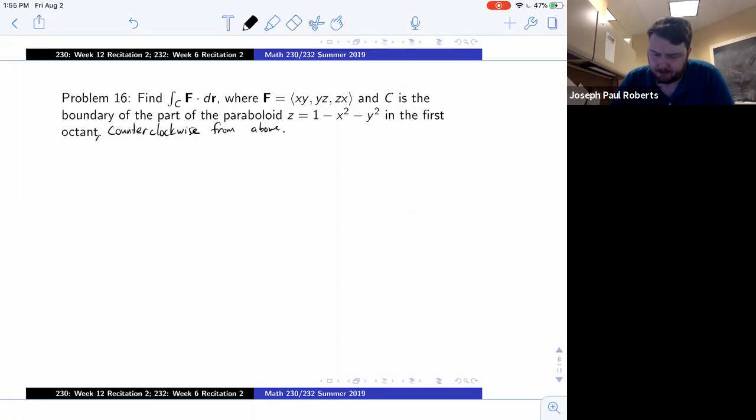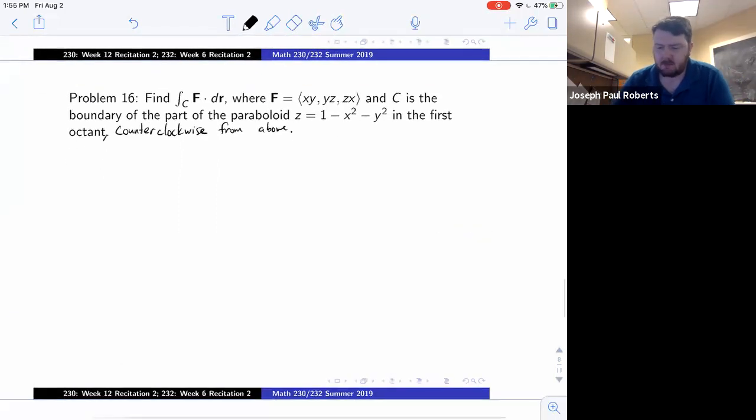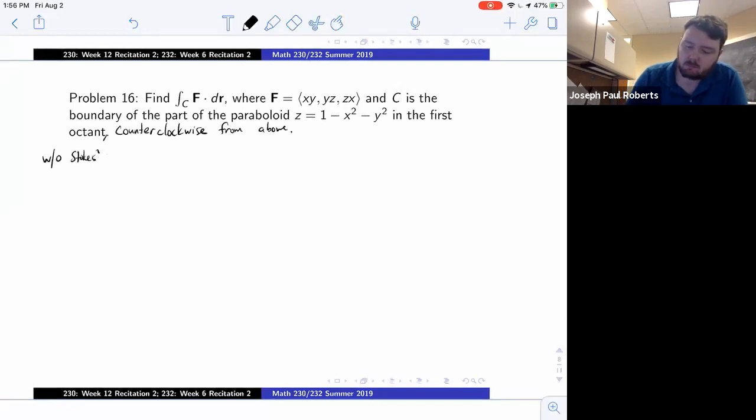Okay. So anyway, why is Stokes' theorem useful for this? We'd have to do a direct calculation. F dot dr, we did that 2 weeks ago.